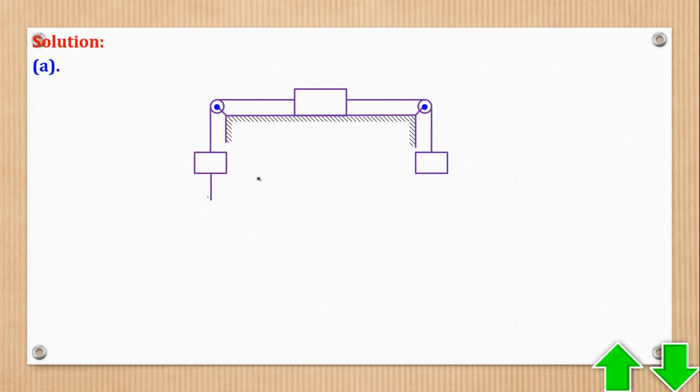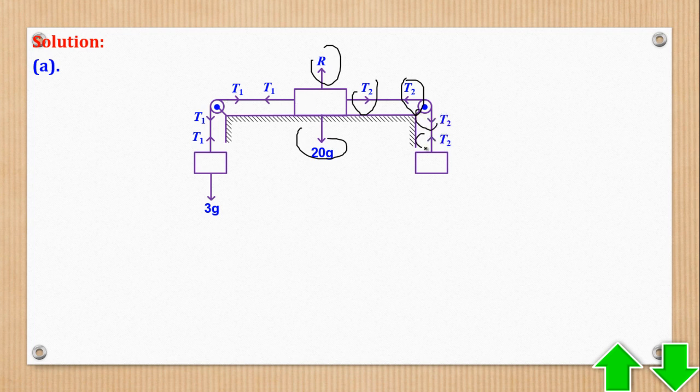Then we shall put the weights. 3 kilogram mass is here, tension is here, T1, T1, and also here, T1, T1. Here there is weight and normal reaction because this one is lying on a surface. Then there is T2 now. So T2, because these 2 strings are different. T2, T2, and the weight.